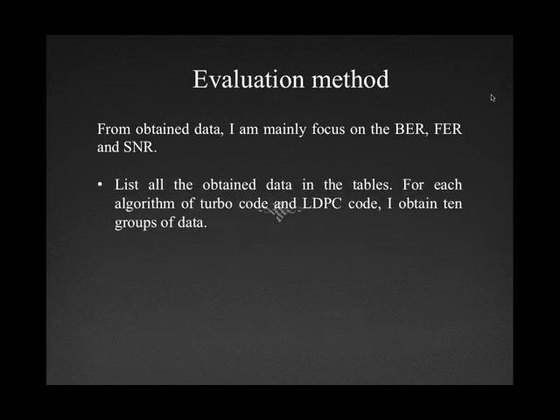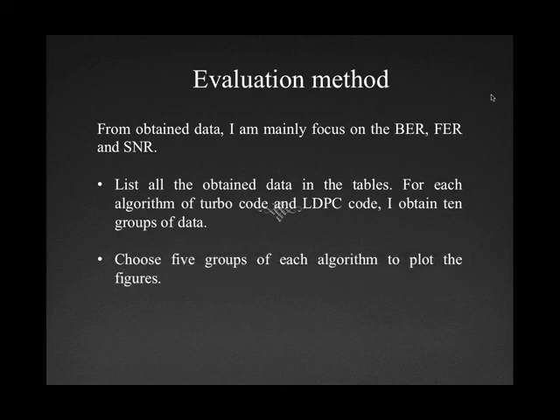First, I'll list all the obtained data in tables. For each algorithm of Turbo code and LDPC code, I obtain 10 groups of data. Each group has a different number of iterations, from 1 to 10. Second, I choose 5 groups of each algorithm to plot the figures.